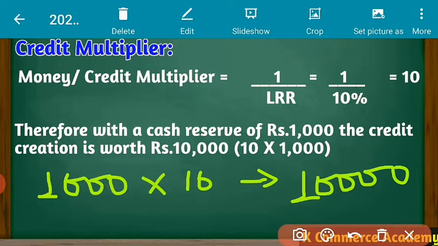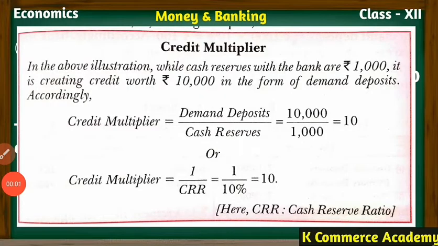Therefore, with the cash reserve of rupees 1000, the credit creation is worth rupees 10,000, that is 10 times of this. On the same side, we have a further example in the above illustration. While cash reserves with the bank are rupees 1000, it is creating credit worth rupees 10,000, and that is meant by credit multiplier, which is also known as money multiplier, in the form of demand deposits.